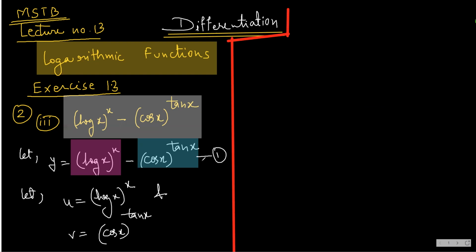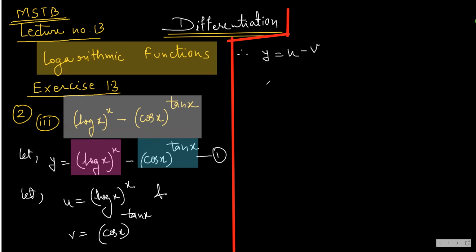Using this, I will write therefore y is u minus v. What has y become now? u minus v, because I have taken them as u and v respectively.